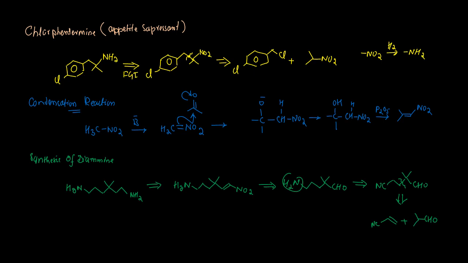So if we focus on its retrosynthetic analysis, which is quite simple, first we will react the isopropyl formyl or aldehyde with a nitro compound, especially a nitrile compound, that is an unsaturated nitrile, or ethene nitrile, in the presence of a base for generating a compound such as this one.